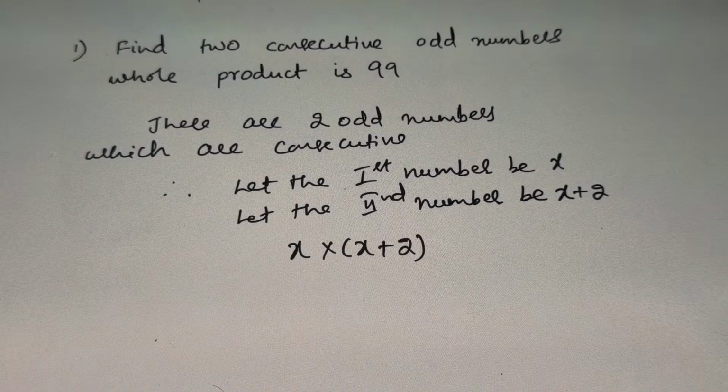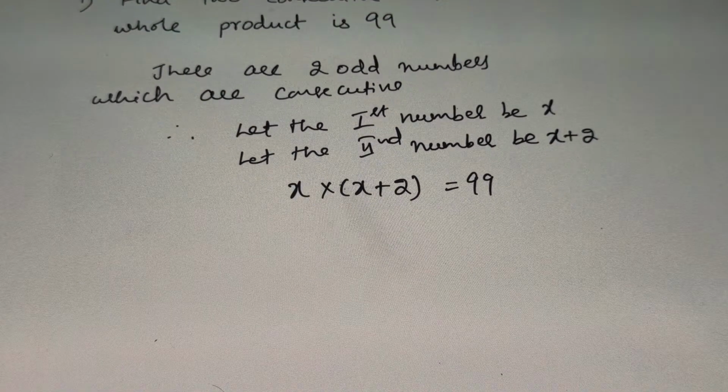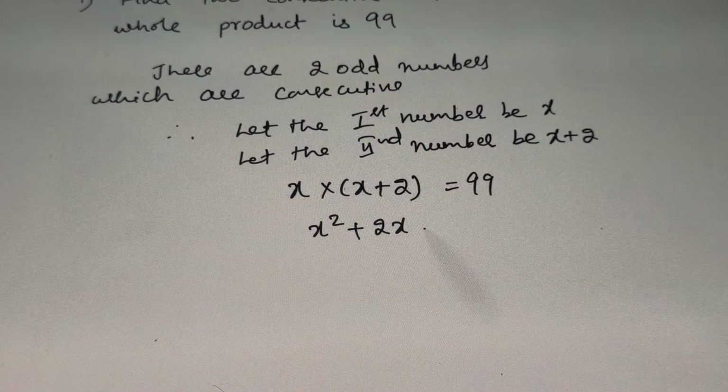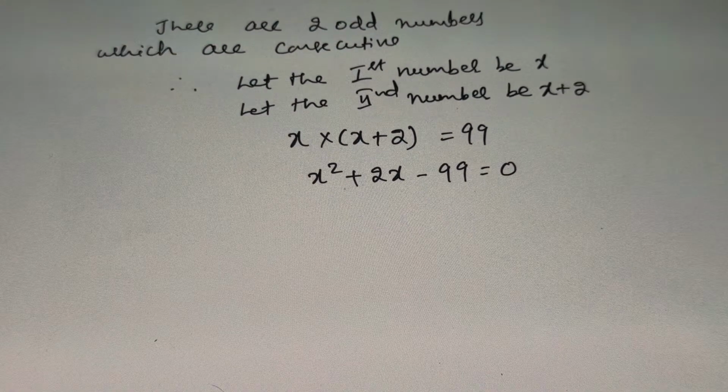So x into x plus 2 is equal to 99. So it gives the proper meaning. So x into x is x square, plus x into 2 is 2x, equals 99. If you shift 99 to the left side, plus will become minus. So x square plus 2x minus 99 equal to 0.